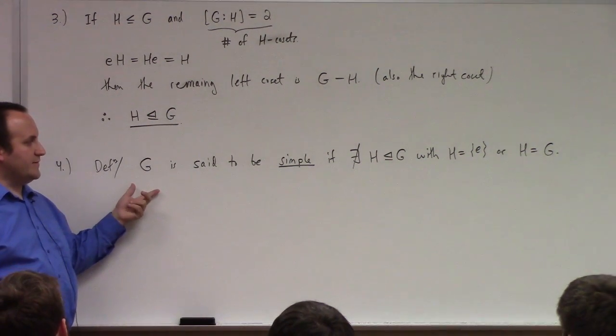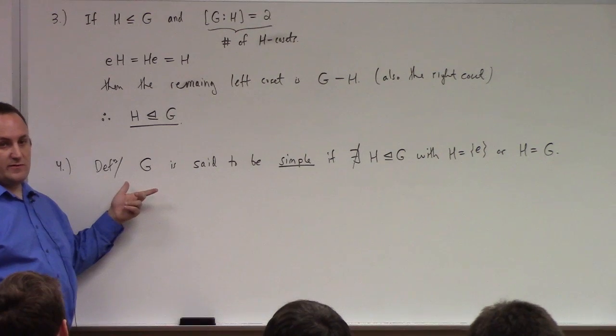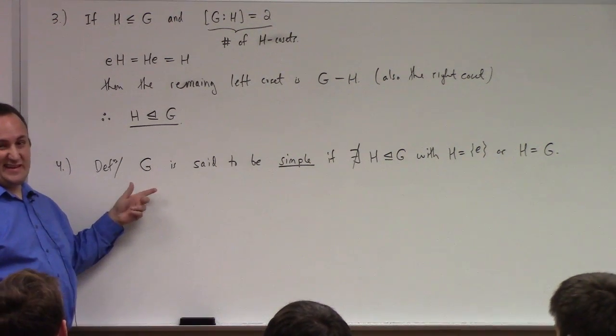The point is you can't have a subgroup which is not G and is also normal unless it's the identity in a simple group.